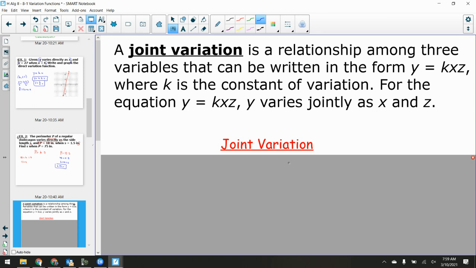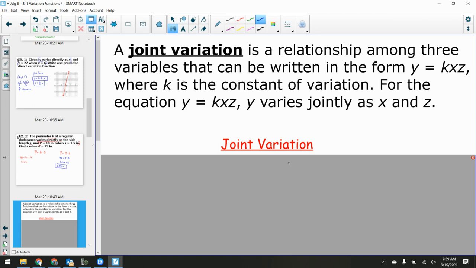They're joining together. A joint variation is a relationship among three variables, or four, or five, that can be written in the form y is equal to kxz. Notice how if I say varying directly as x and varying directly as z, you would say y is equal to kx, y is equal to kz. So you can combine those, you can join them together and say y is equal to kxz.